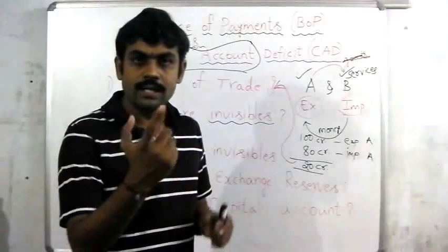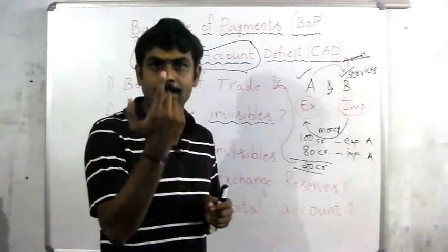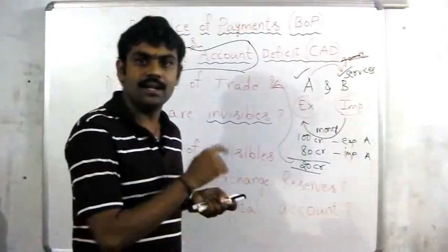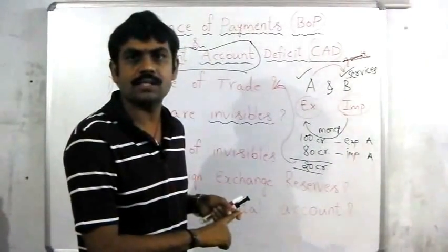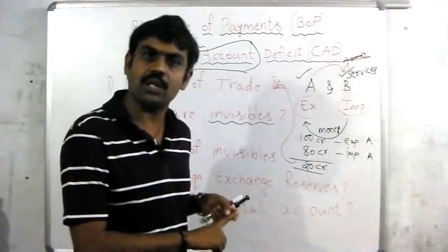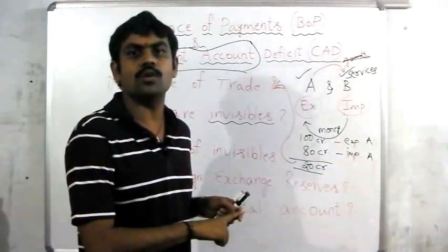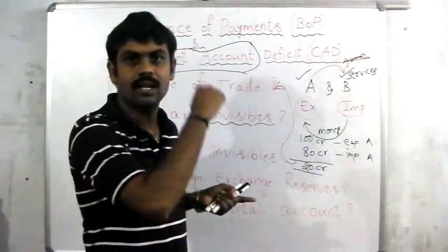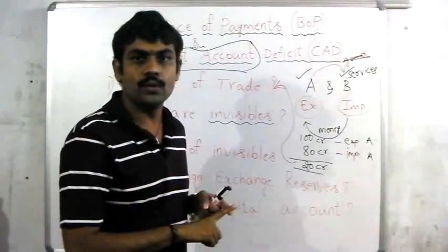So there is an inflow of money in the form of capital from USA to India, and India wants to invest in some venture in USA, and there is a good market in USA for that venture. So to get the most profit out of that, India is investing some capital in USA.